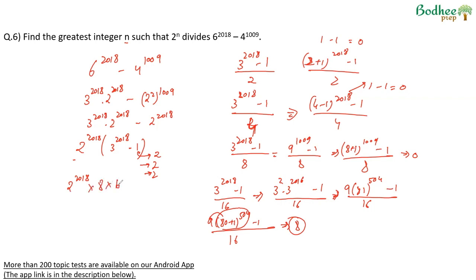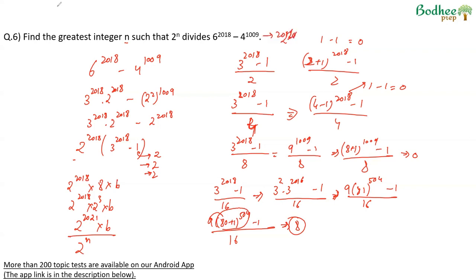So 8 into odd number b. This becomes 2 raised to power 2018 into 2 cube into b, which can be written as 2 raised to power 2021 into b. What greatest integer n is such that 2 raised to n divides this? The value of n can go up to 2021 and that becomes the answer.